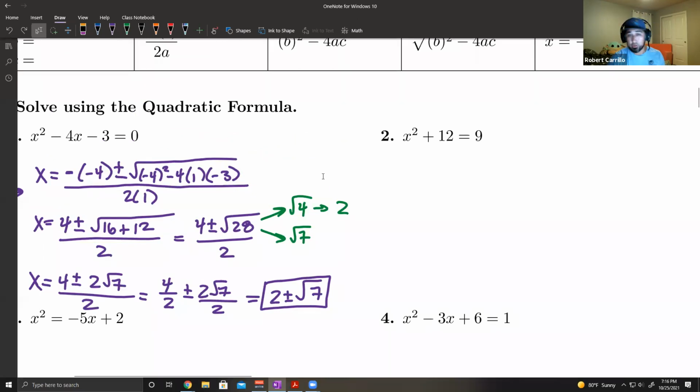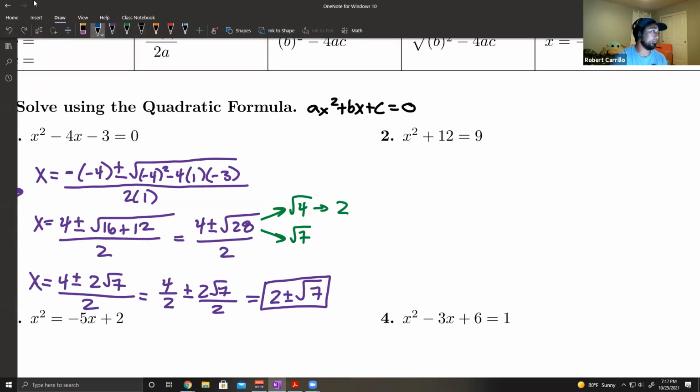In order to use the quadratic formula, our quadratic equation must be in the proper form. Remember that proper form is ax squared plus bx plus c equal to 0, meaning 0 needs to be on one side. So if you look at number 2, is this in the perfect form?